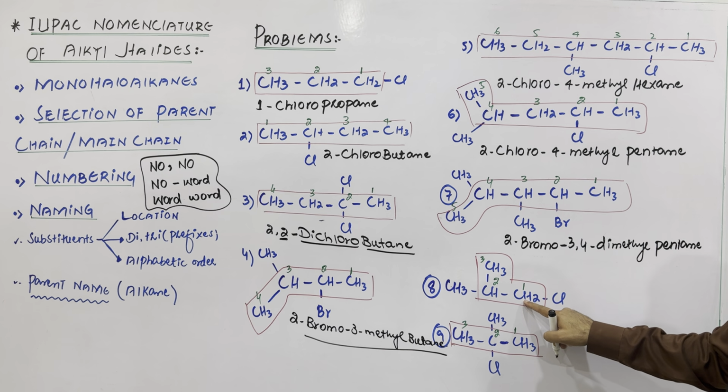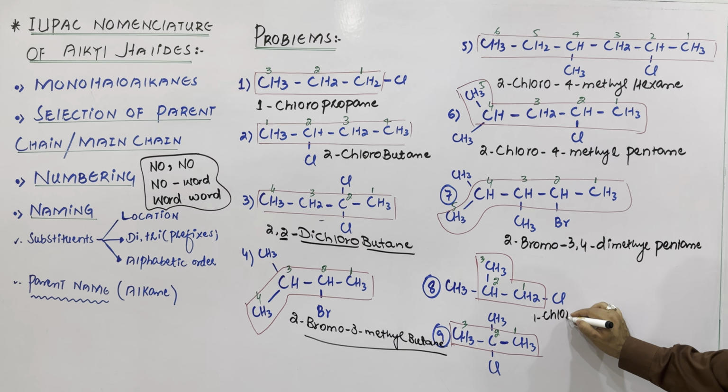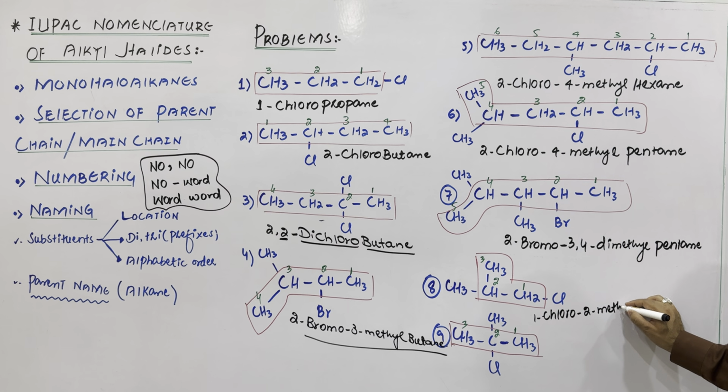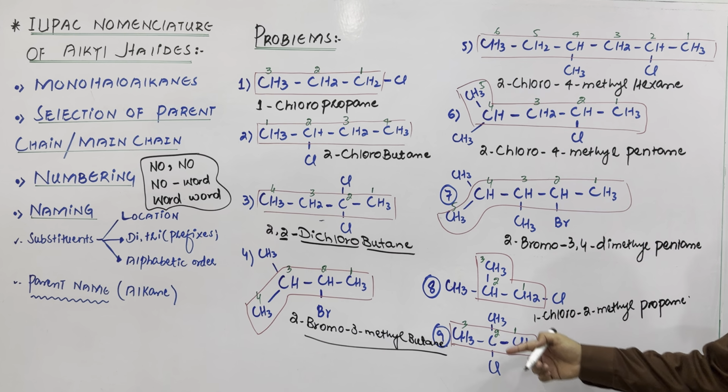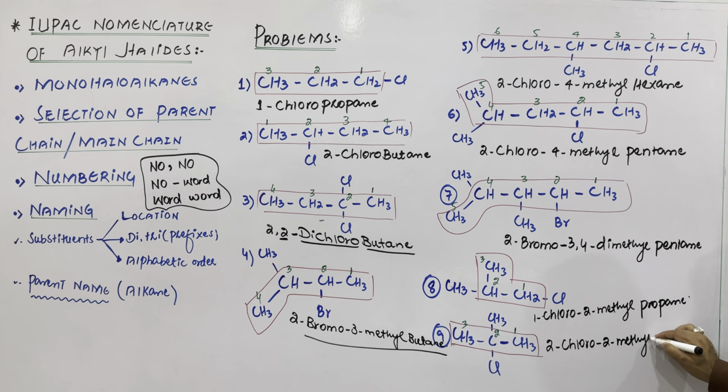Similarly, 1 carries chloro, 2 carries methyl, so it should be 1-chloro-2-methylpropane. It carries chloro and methyl on the same carbon, so chloro should be named first. 2-chloro-2-methylpropane.